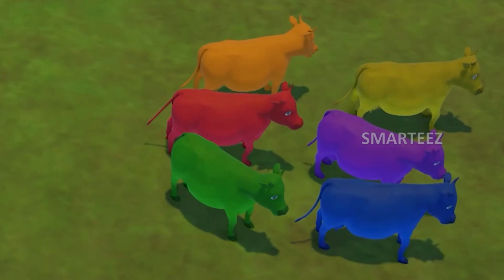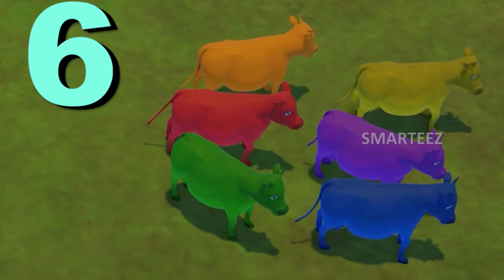That's 1, 2, 3, 4, 5, 6. 6 cows went out of the pen.